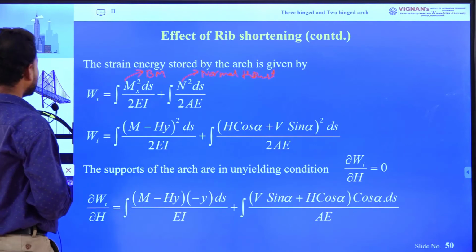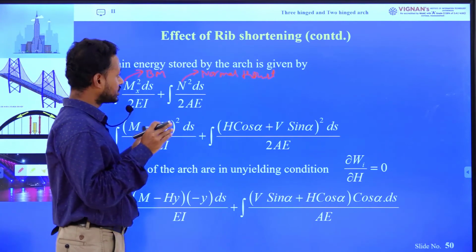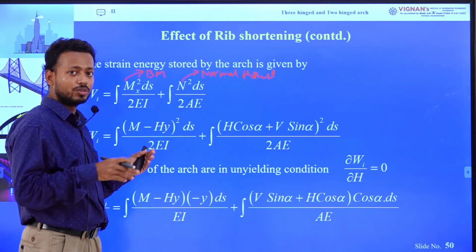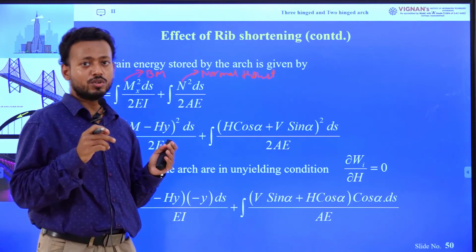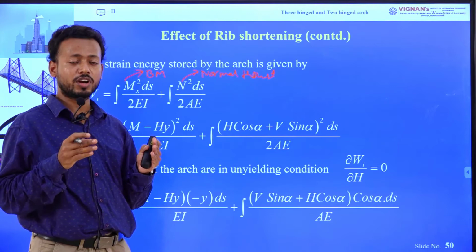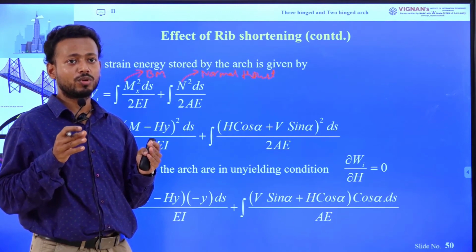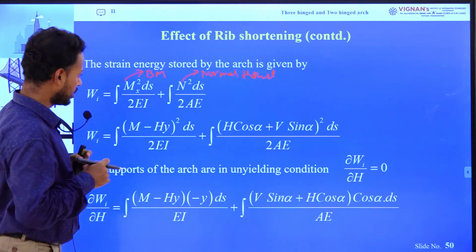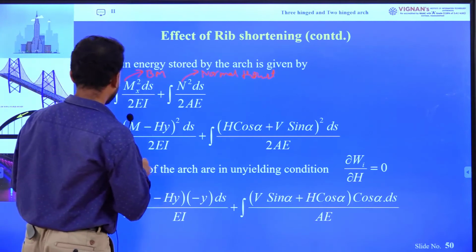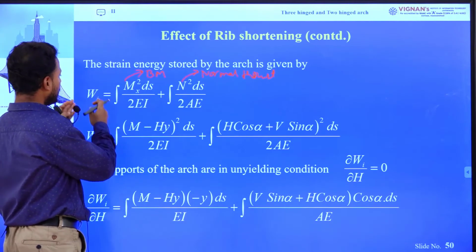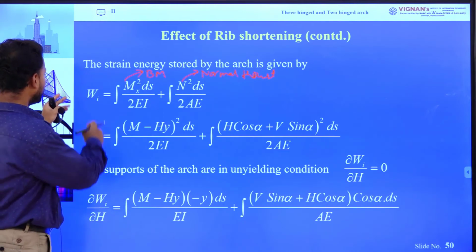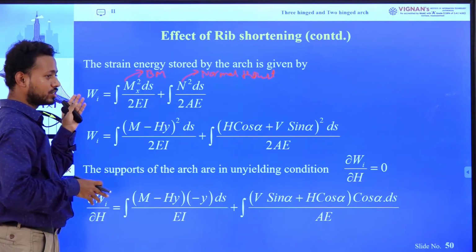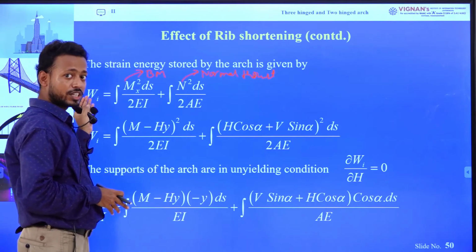We have learned that the total displacement or deflection will be the partial differentiation coefficient of total strain energy. That means if you do del W del H, that will be the total deflection. So first let us calculate the total strain energy.